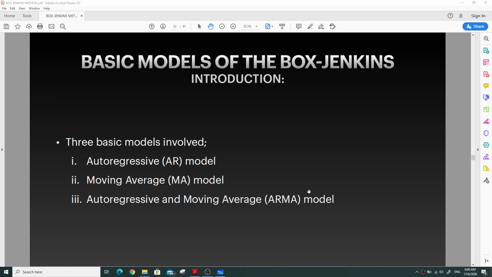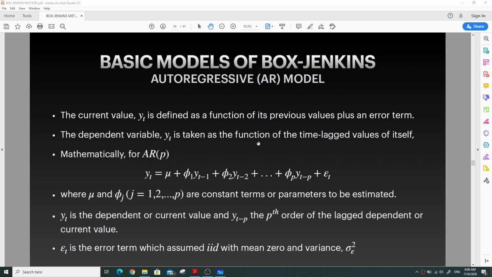Let's take a look at the first model, the autoregressive model. To define the autoregressive model, the current value is equal to a function of its previous values, plus an error term.